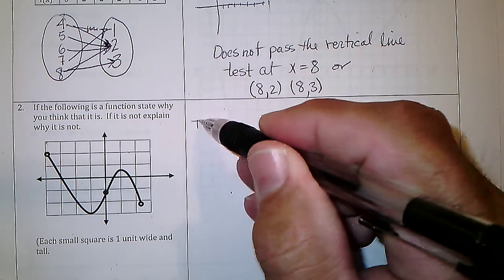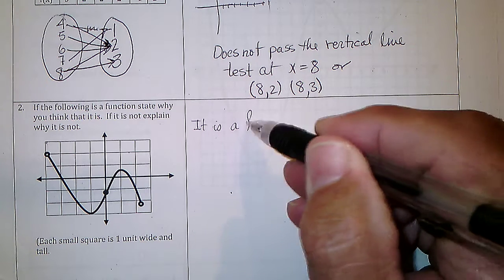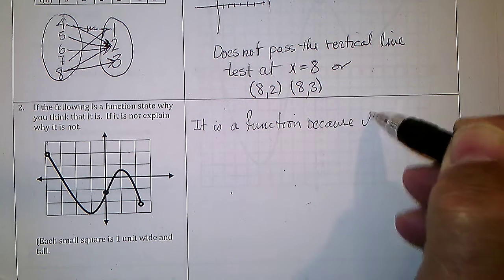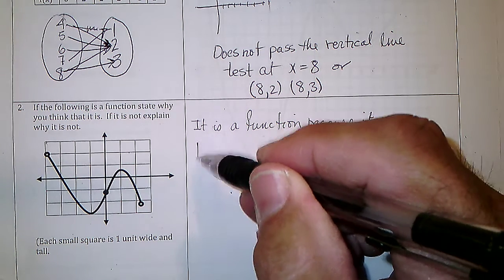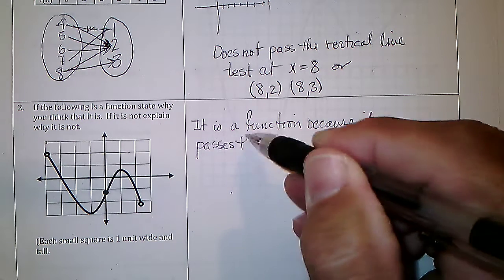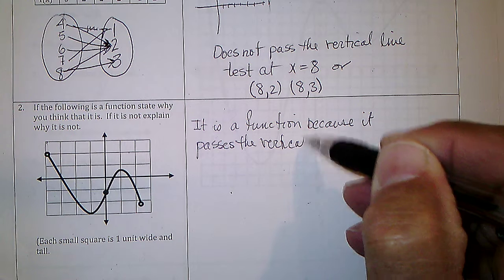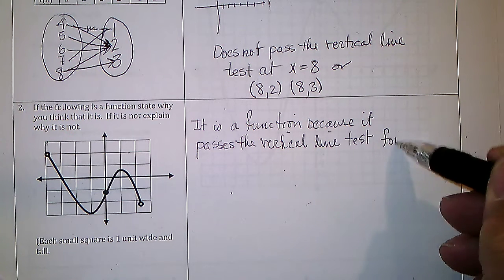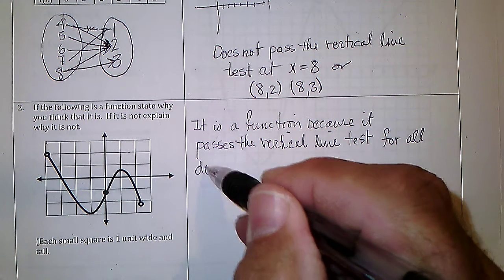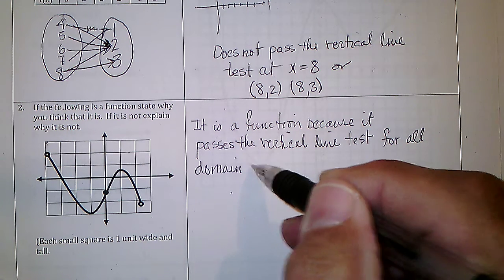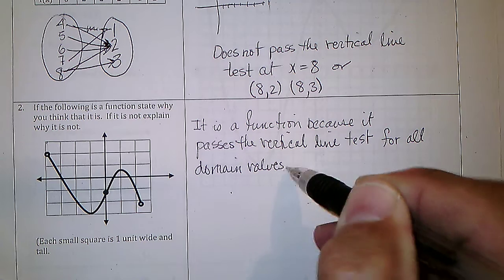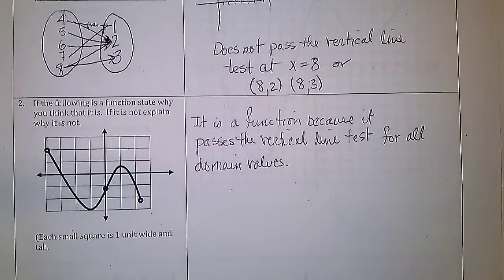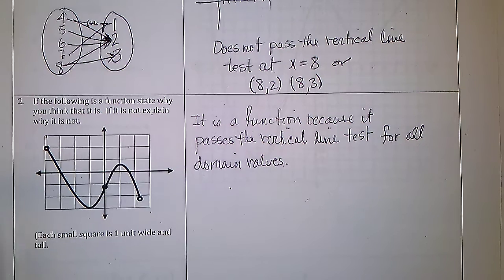So it is a function because it passes the vertical line test for all domain values. There's no domain that has two ranges.